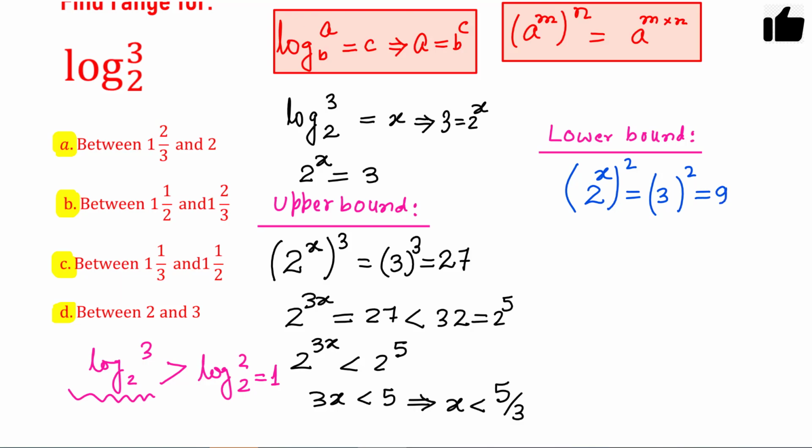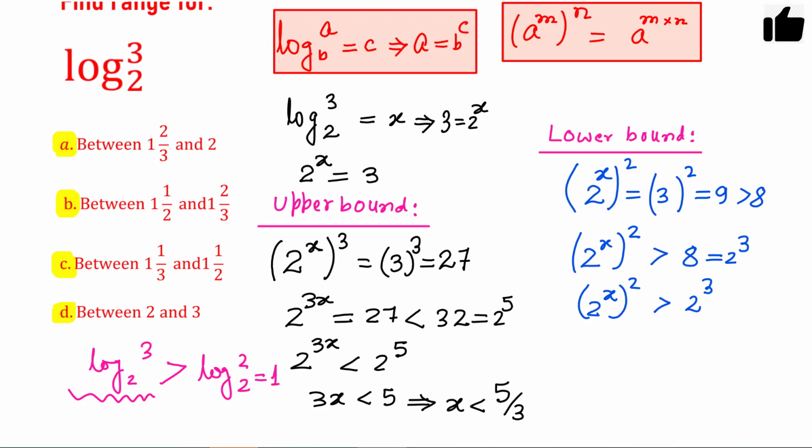Now I have to look for a number. Last time I looked for a greater number; now I am looking for a smaller number. For example, I can have the number 8. So I can say 9 is greater than 8. This means 2 raised to the power x, raised to the power 2, is greater than 8, and 8 can be written as 2 raised to the power 3.